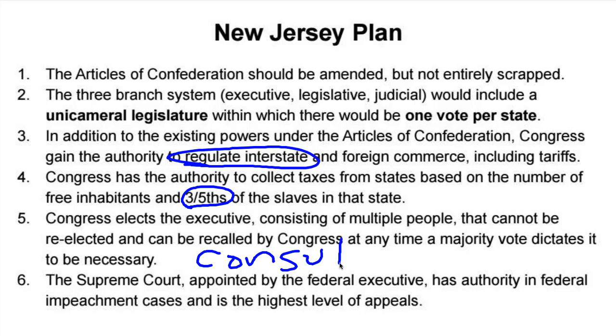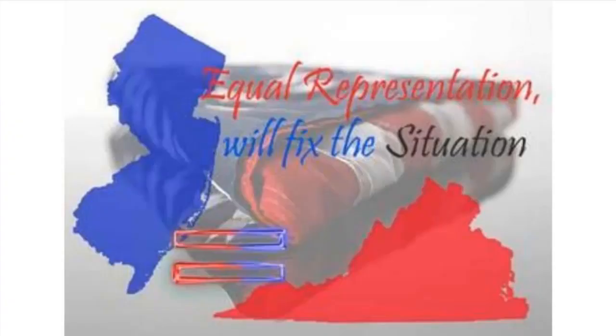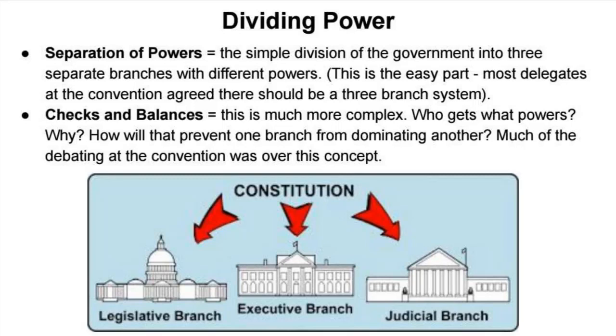So the biggest differences here are number 2, that it would be a unicameral legislature with one vote per state, as opposed to the bicameral legislature centered around proportional representation, as the Virginia Plan had suggested. So they were very much in favor of this equal representation plan.